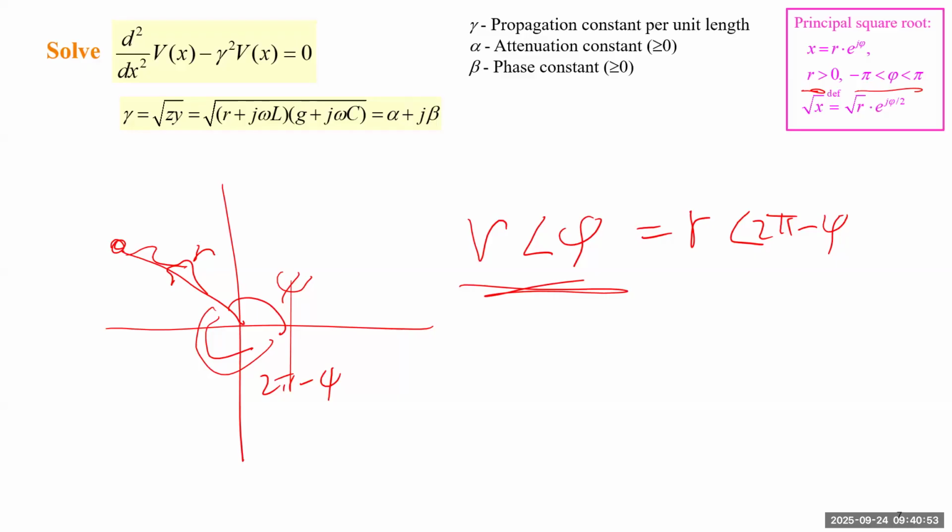The square root basically means you calculate the square root of R, and for the angle you just take half.